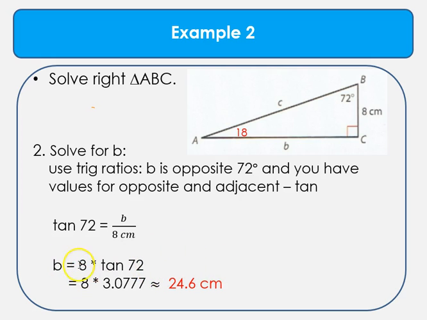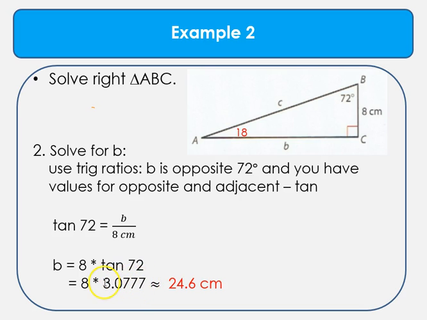So B will equal 8 times tan 72, and in your calculator what you do is input 72, push the button for tan, you'll have an answer. Push the button for multiply and the button for 8, and your result for tan 72 would have been 3.0777.